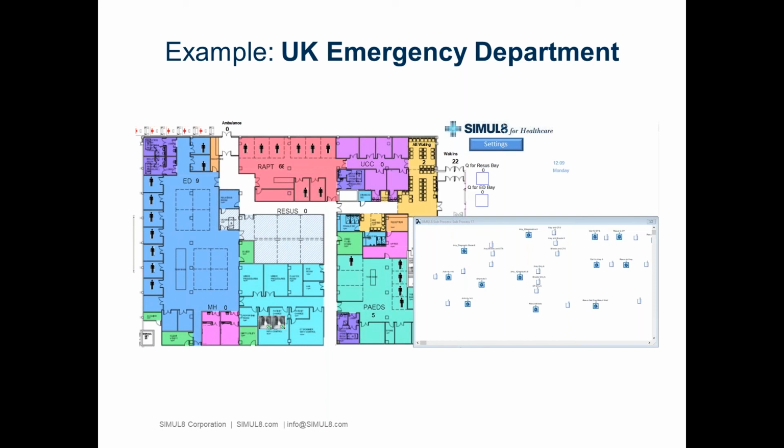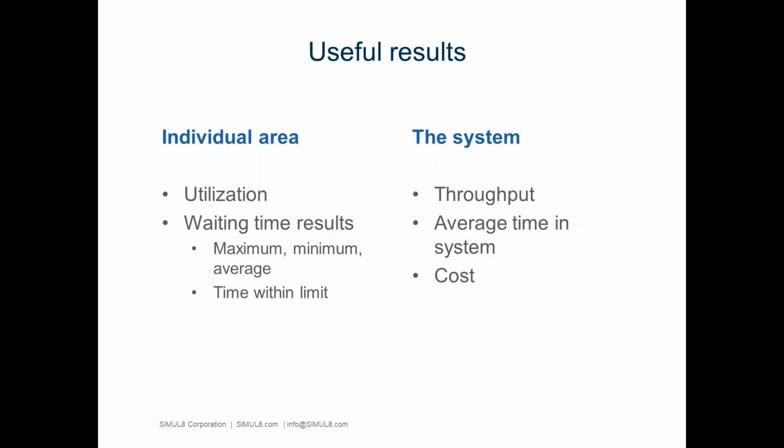One example of this is from a UK emergency department in London. They were looking at their new design for their emergency department, looking at all their different flows, but also included in this was a separate diagnostics pathway, which you can see on the right has quite a lot of different activities, including things like x-rays, CT scans, and all the blood testing as well.